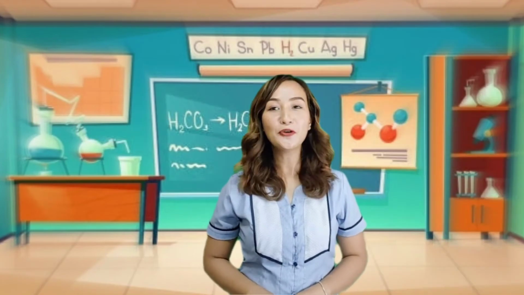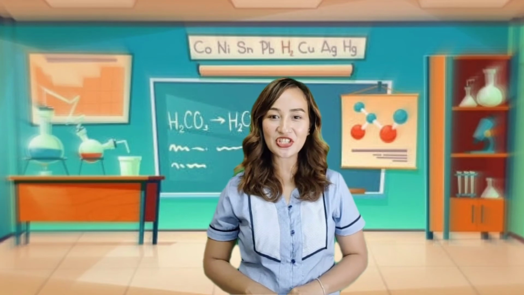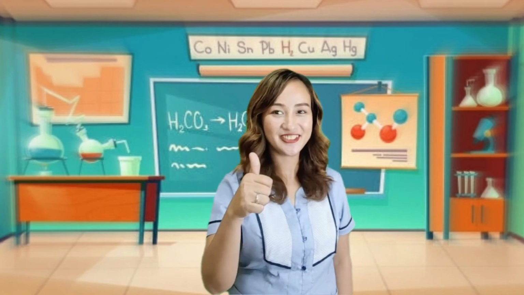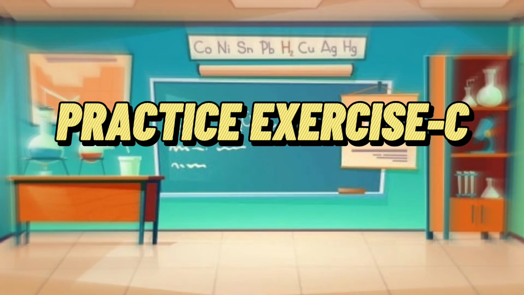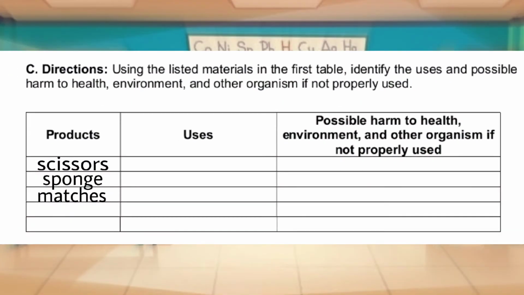Now, are you all set to answer the activities given in your learning activity sheets? Very good! For the first activity, using the listed items, identify the uses and possible harm to health, environment, and other organisms if not properly used. First, scissors.